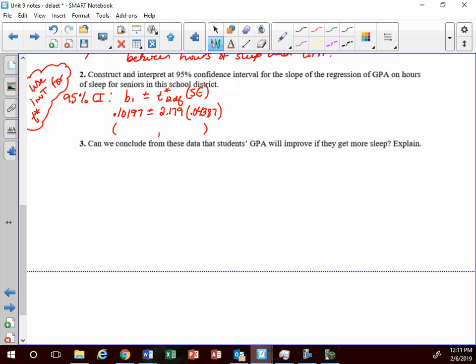What are the two values that you come up with? That is a plus or minus. Anybody have any values for me? Yes, back up.